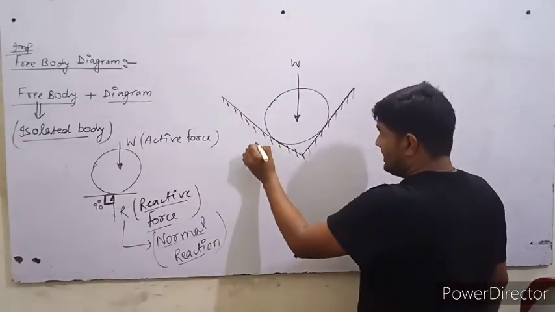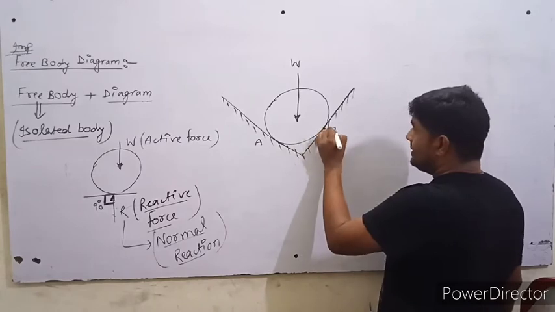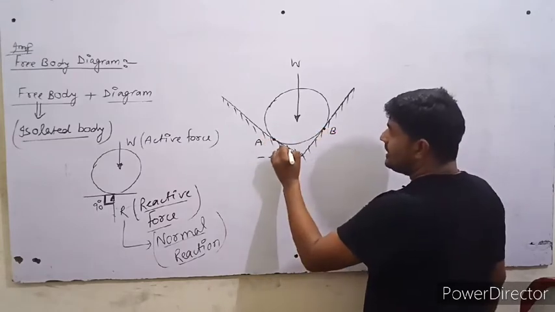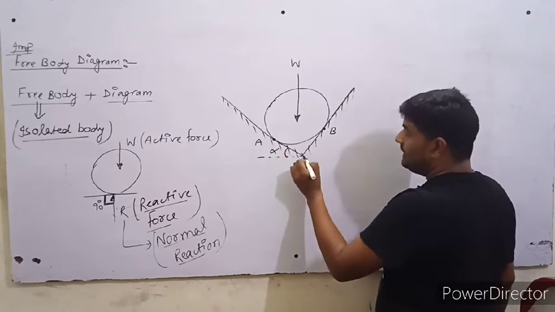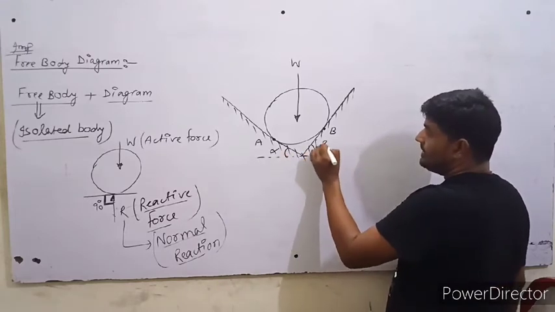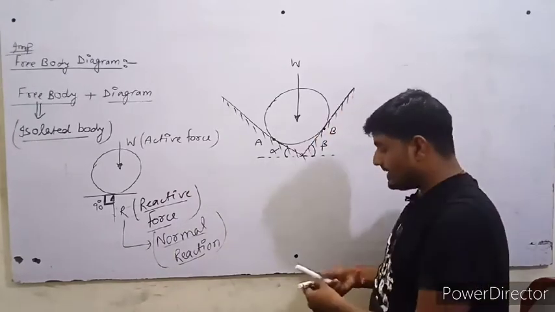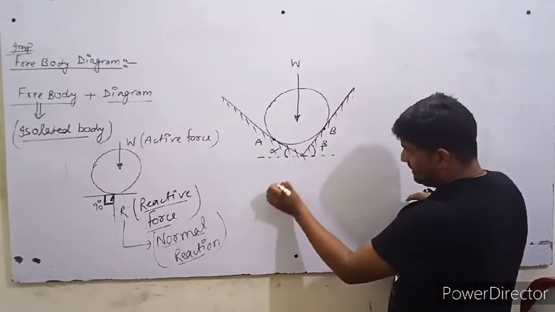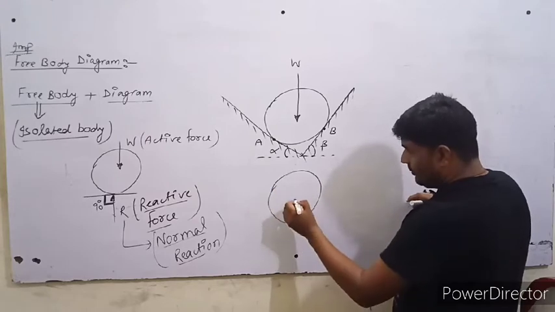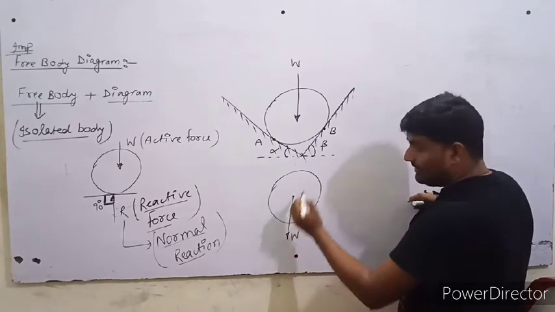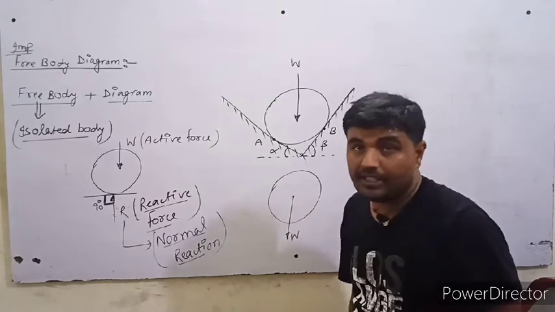This is point A, this is point B. I am assuming the inclination is alpha and this inclination is beta. So how do we draw the free body diagram of this? The self weight of the body will act in the vertical downward direction.